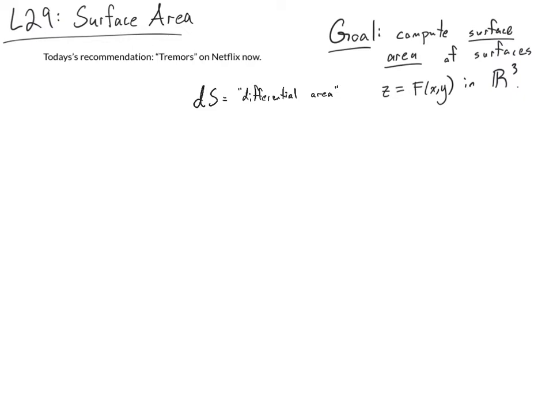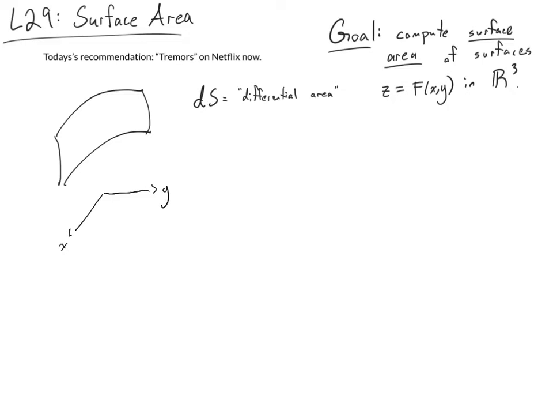So your picture for this should be that you've got some kind of surface floating around in space, and you've zoomed in a lot. This is just a little patch, a little graph that you are drawing of your surface. Here's your x, y plane underneath the z-axis.